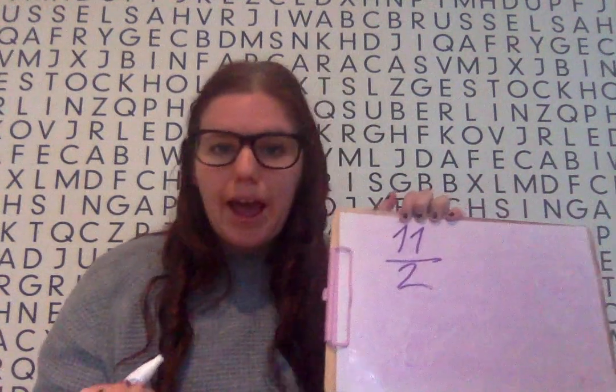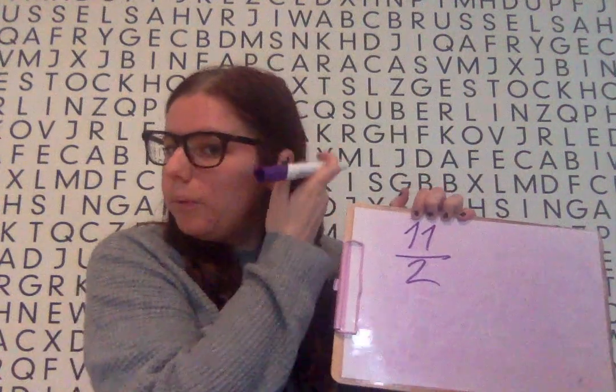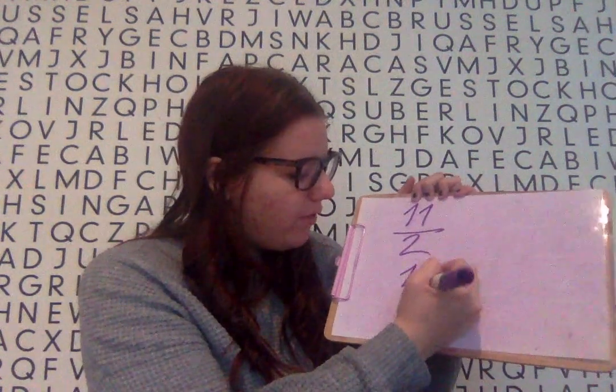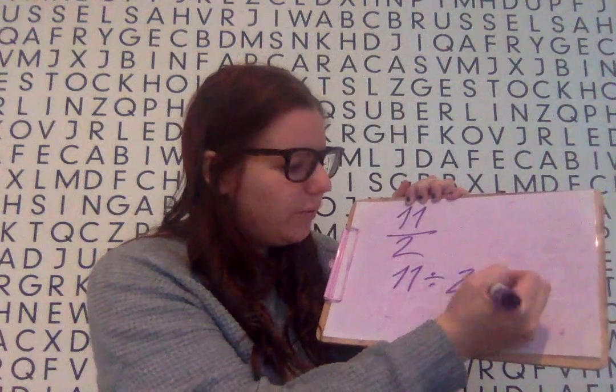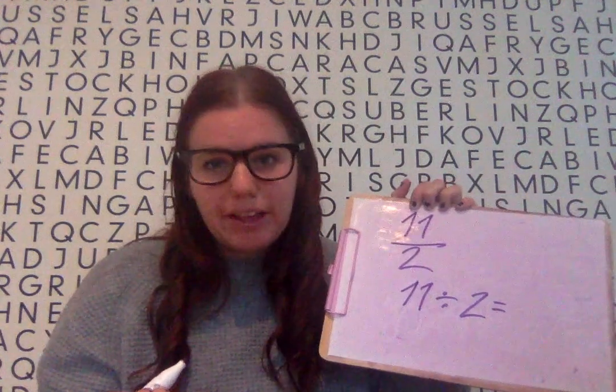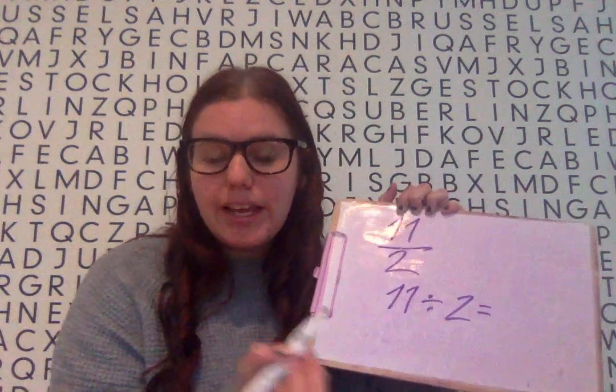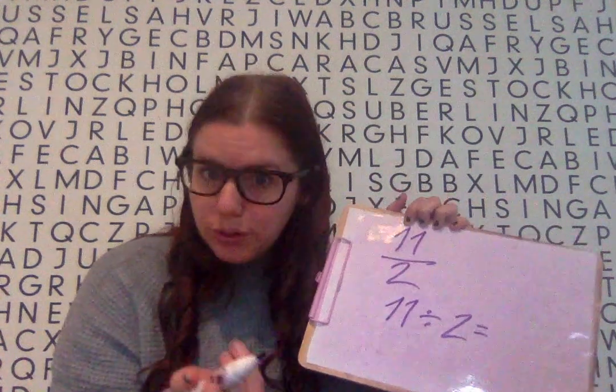Let's try that again. This time let's do 11 halves. So we're going to do 11 divided by 2. But we can't do 11 divided by 2 because 11 isn't divisible by 2.